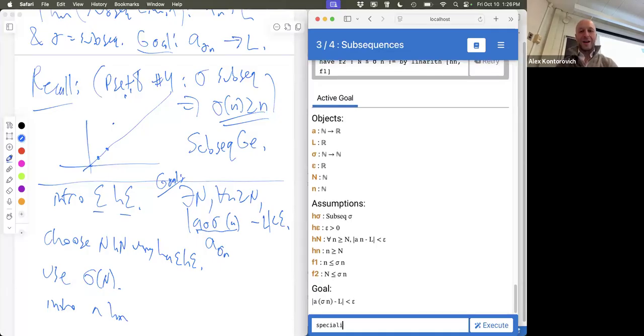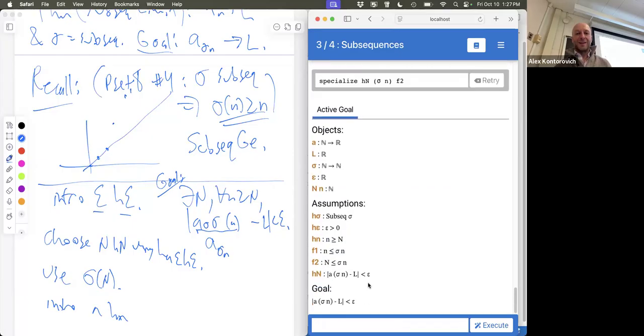Okay, now I can specialize H capital N to what value of little n? Sigma of N. Together with the fact F2, that it is indeed lower bounded by capital N. And that's exactly what we wanted. Apply Hn.